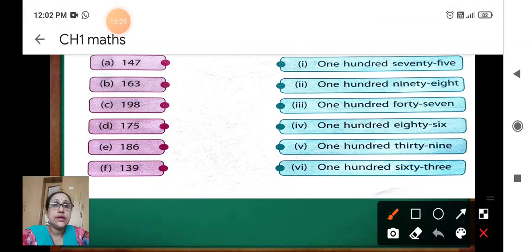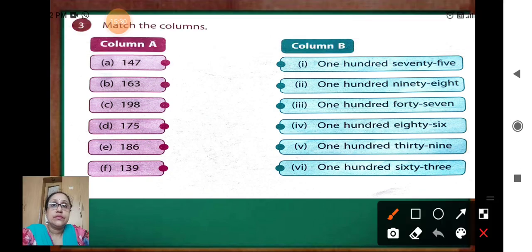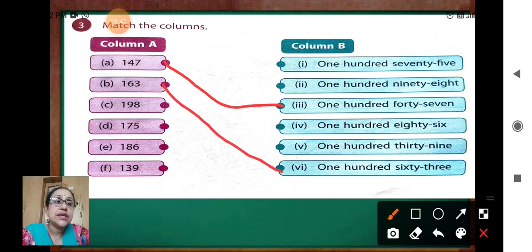Now match the column. Column A, the numbers are written. You have to match with the number names. 147. Yes, try to find out where it is written. 147. Now B, that is 163. Yes, can you see? Yes, 163. Match it.